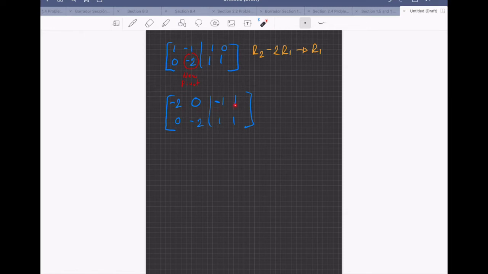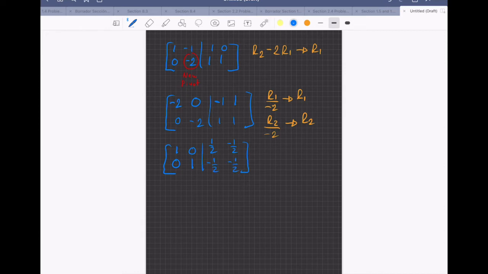Finally, divide by negative 2 and by negative 2. So the next operation, row 1 divided by negative 2 replaces row 1. And row 2 divided by negative 2 replaces row 2. And with this, we have 1, 0. Negative 1 divided by negative 2 is 1/2. 1 divided by negative 2 is negative 1/2. 0, 1, negative 1/2, and negative 1/2.